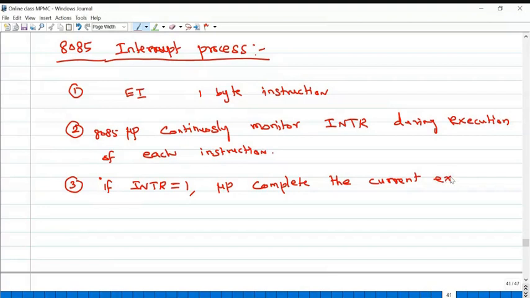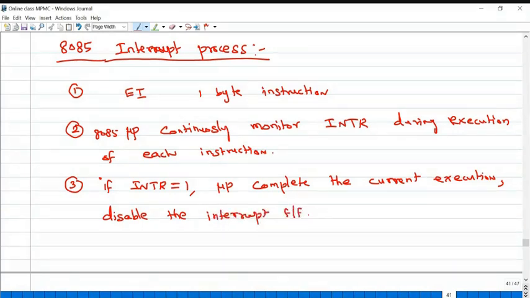Whichever instruction is executing at present, it will complete that first, and then disable the interrupt flip flop until the service is completed for the corresponding interrupt.